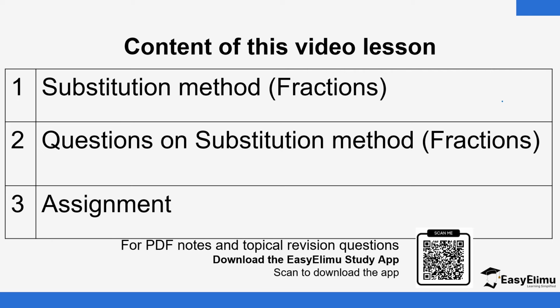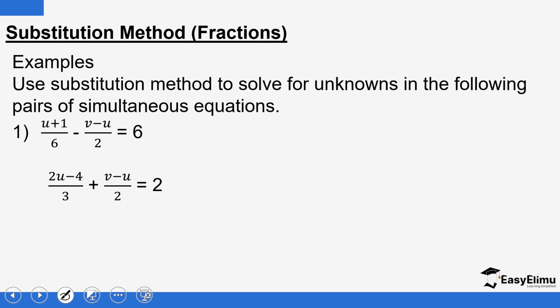We have a few questions to help us with the application, just to see how we can use the substitution method to solve for unknowns in a given set of simultaneous equations when the coefficients are non-integral. At the end of the lesson, we'll be having some assignment just to help you check on your understanding of the concept as discussed, and also to help you with practicing as you try to learn the concept.